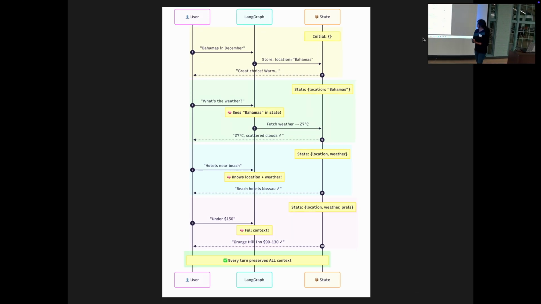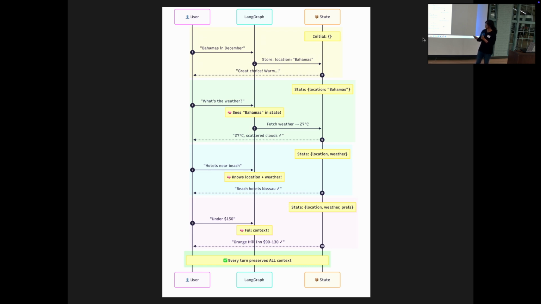So if you look at it, this is the state flow diagram. The user is asking the question, and you're able to see the complete user journey between the user, the LangGraph, and the state variables, which are stored at each and every conversation point. The first time it does not have anything; it's an empty dictionary. It starts off with the state as location, Bahamas.